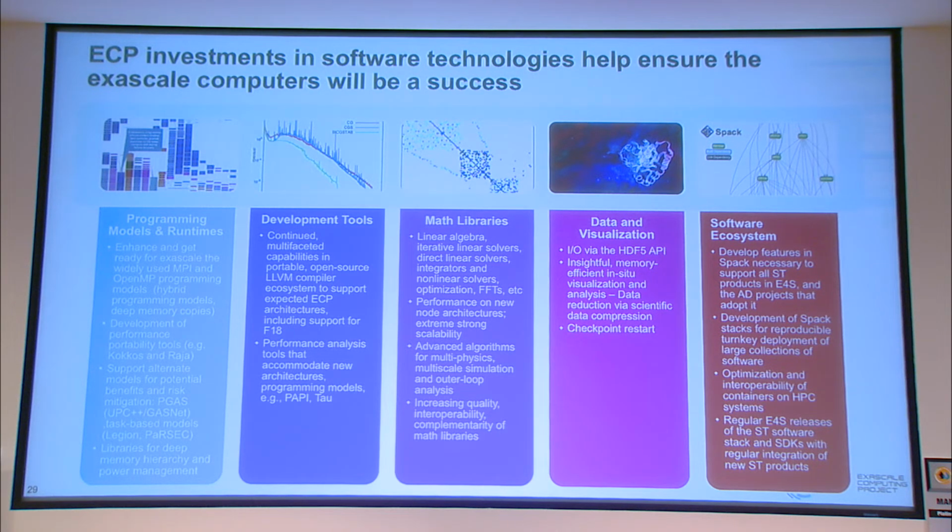Math libraries were largely focused on linear algebra, iterative linear solvers, nonlinear solvers, optimization, FFTs. So many of the things that are widely used. Looking at the performance on new node architectures, strong scaling is important to many of our applications and looking at those kinds of techniques.